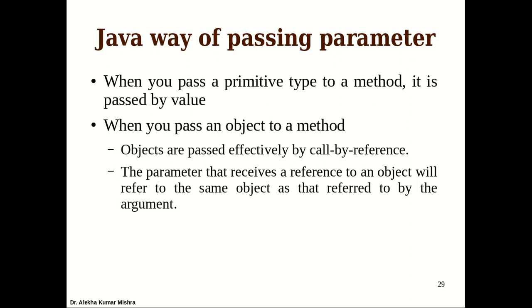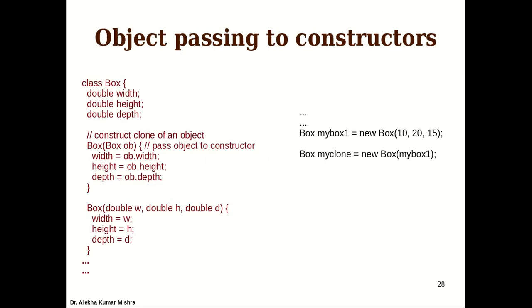When we pass an argument, we are passing an object, but in the called method we are not using new to create an object and store this value, which is generally done in C or C++. Here we can see that no new is created. A variable ob is declared, and it will refer to the object which is passed as an argument. That means the statement is like Box ob equal to my box 1.